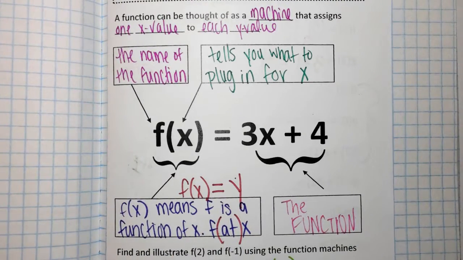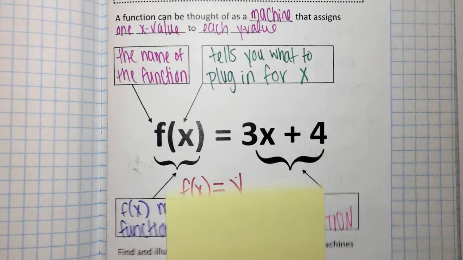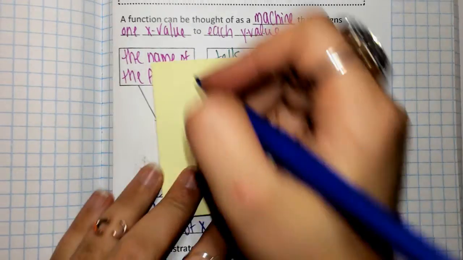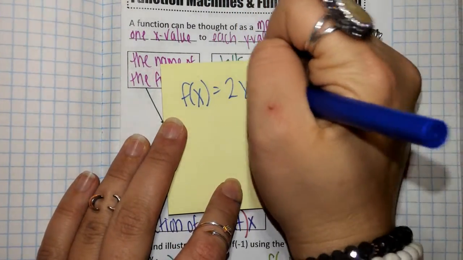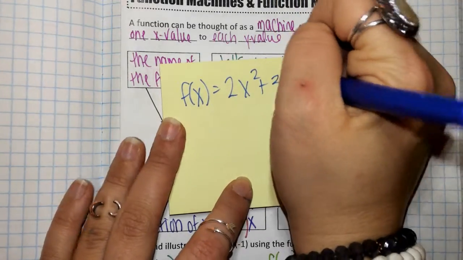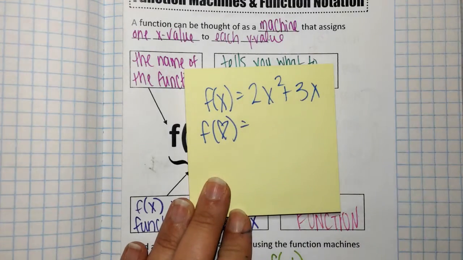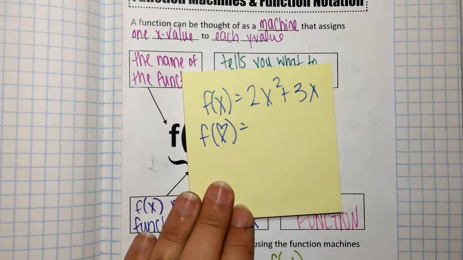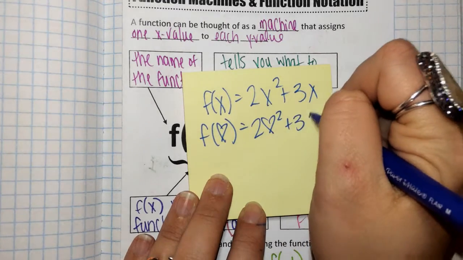Now, do y'all remember on Friday when we plugged in uniforms? Sure. And we had the function F at X equals 2x squared plus 3x. And I said F at heart. Okay, what would we plug in for X? 2 heart squared plus 3 heart.